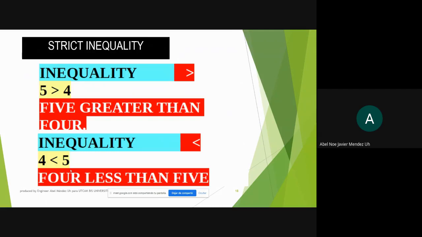Here we have another kind of symbols, another kind of operations that we will see in equations or inequalities. We will use this kind of symbols: greater than or less than.